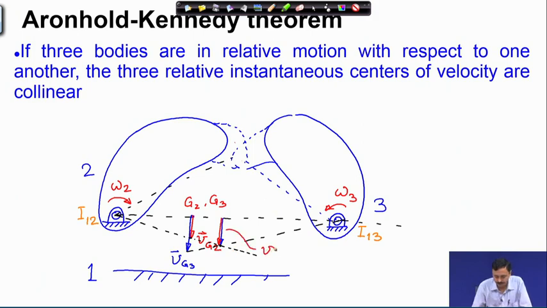So, here I have V G 2 equal to V G 3. So, this must be the relative IC, I 2 3. So, this is I 2 3. Here is I 1 3 and here is I 1 2.